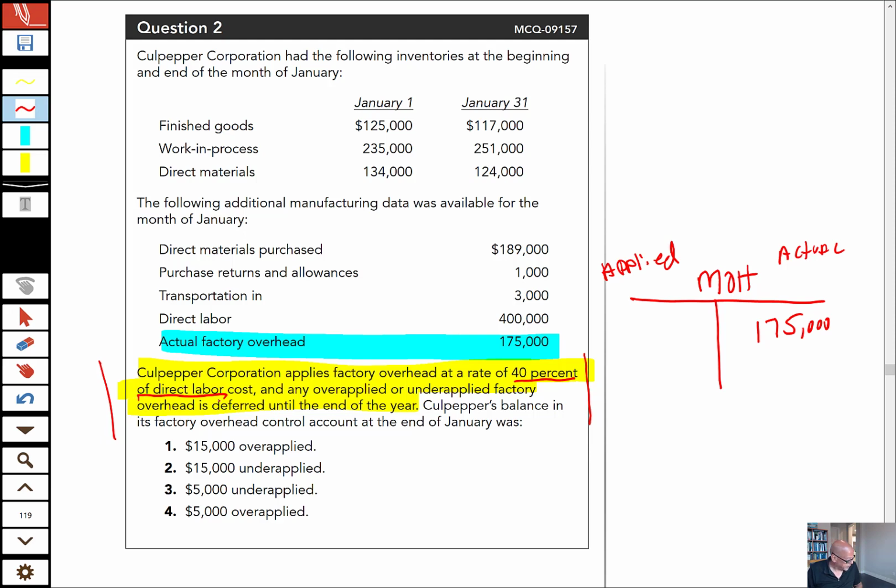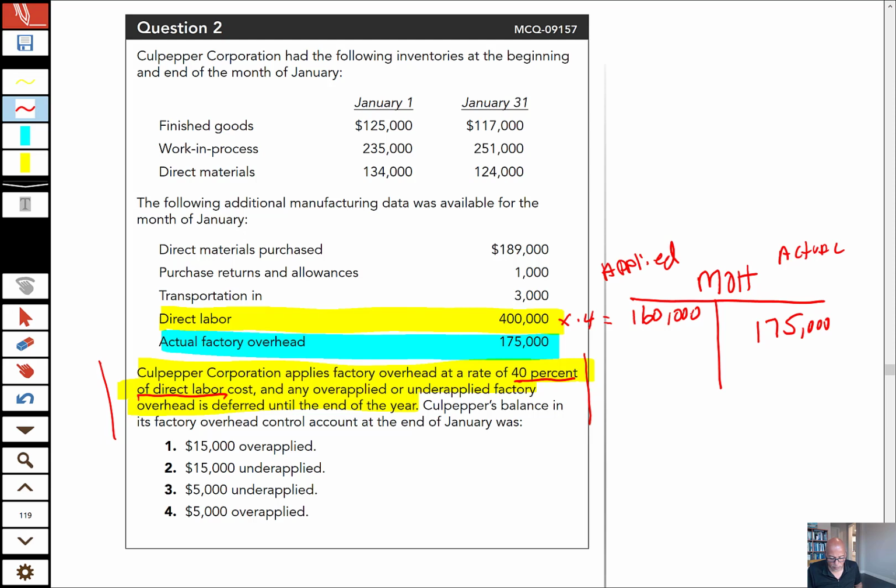I start looking at this thing, say another prayer, and it is answered, because they tell me the direct labor. Since they told me the direct labor and the rate, all I have to do is use the predetermined overhead rate, 40% of direct labor. 400,000 times 0.4 equals 160,000 that would have been debited to my manufacturing overhead.